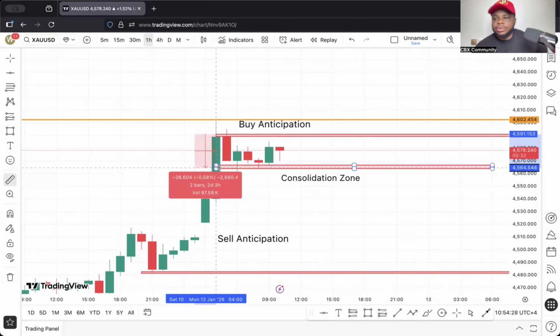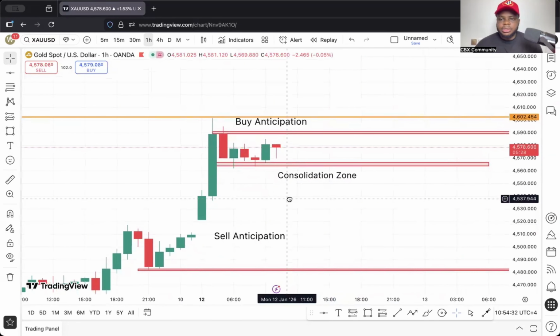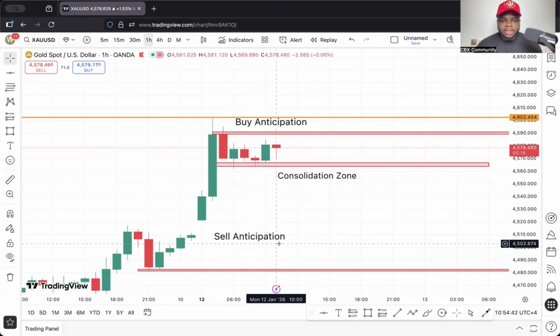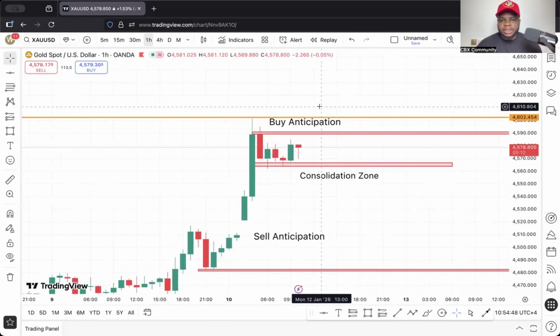We are looking at 260 pips. Let's see, 260 pips is a good range for us to consider that range as a consolidation zone. Since we have a support zone, a resistance zone, and a support zone, and this line is the all-time high on gold, the best thing is just for us to wait.